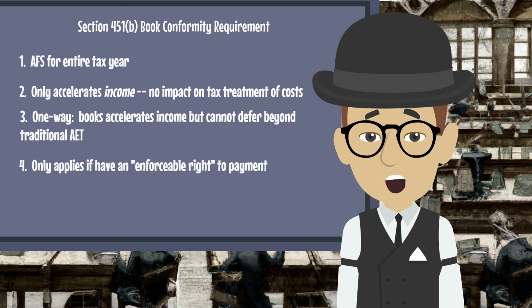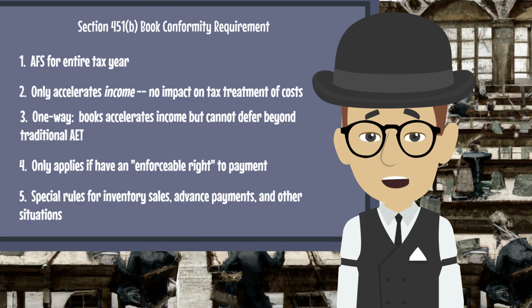Fourth, it only applies to an amount for which you have an enforceable right at the end of the year. And finally, there are a number of special rules, many of them quite complex, for things like income from the sale of inventory and the receipt of advance payments for things like the sale of goods or future services to be provided to customers, the sale of things like gift cards.